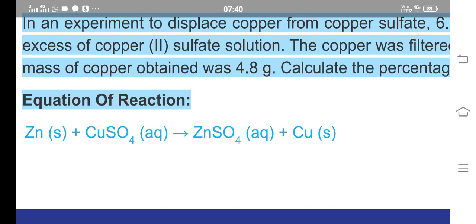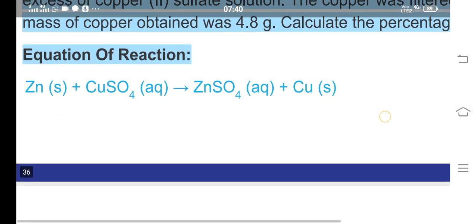So you can see the equation of reaction is zinc in the form of solid plus copper sulfate aqueous solution. When copper sulfate reacts with the zinc, they form zinc sulfate in the form of aqueous solution plus copper in the form of solid.